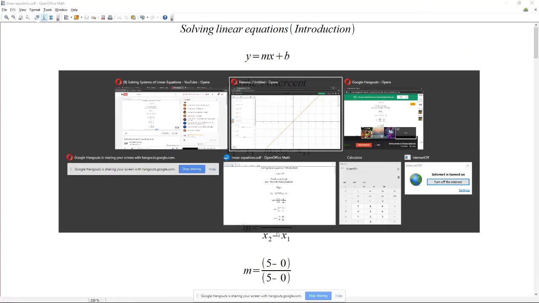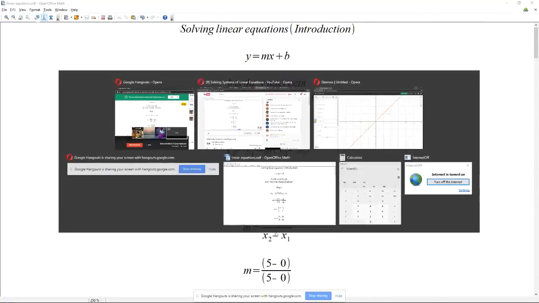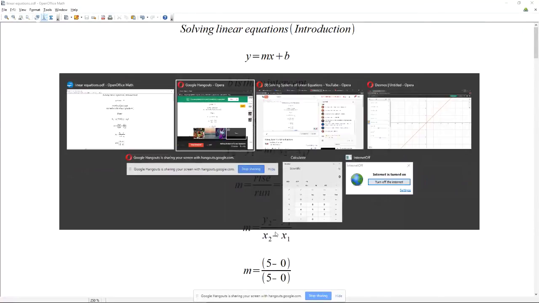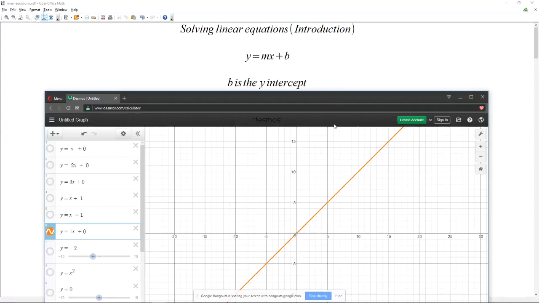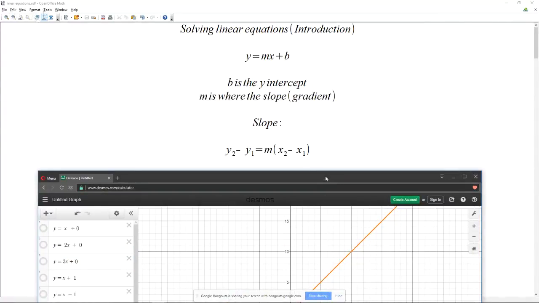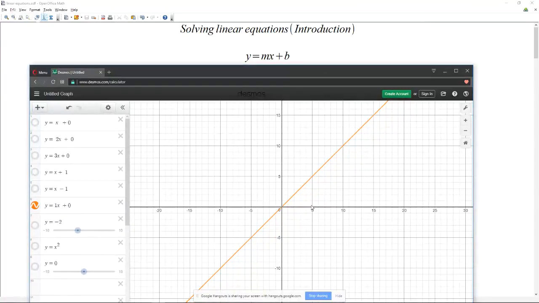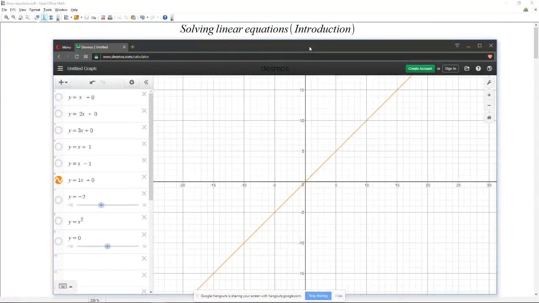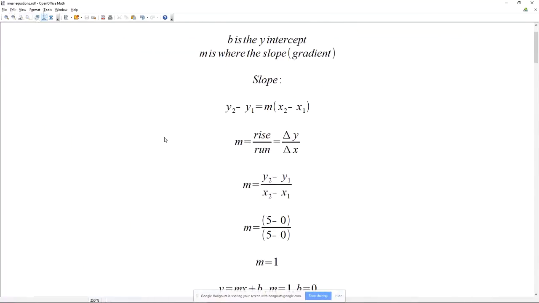And if I look on the graph here, let me show you on the graph. There we go. So according to this, if I say 5 minus 0, well, what happens here? What's my slope?